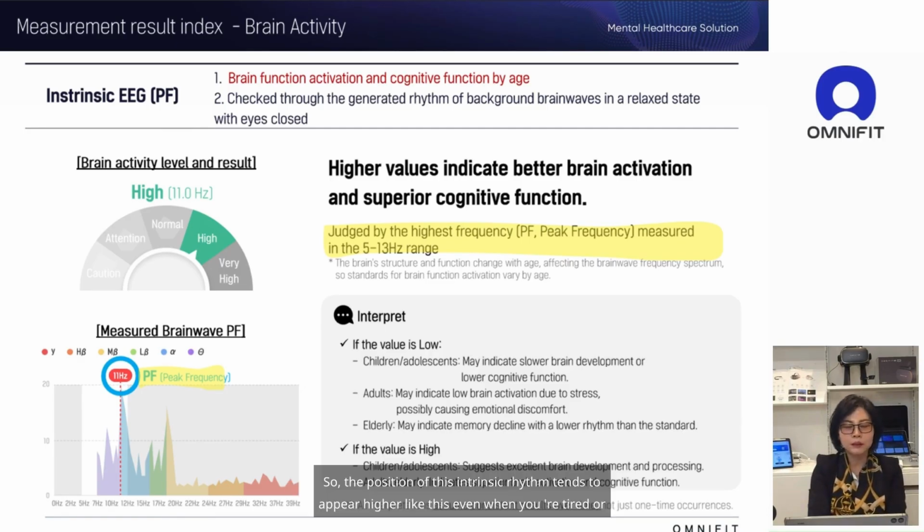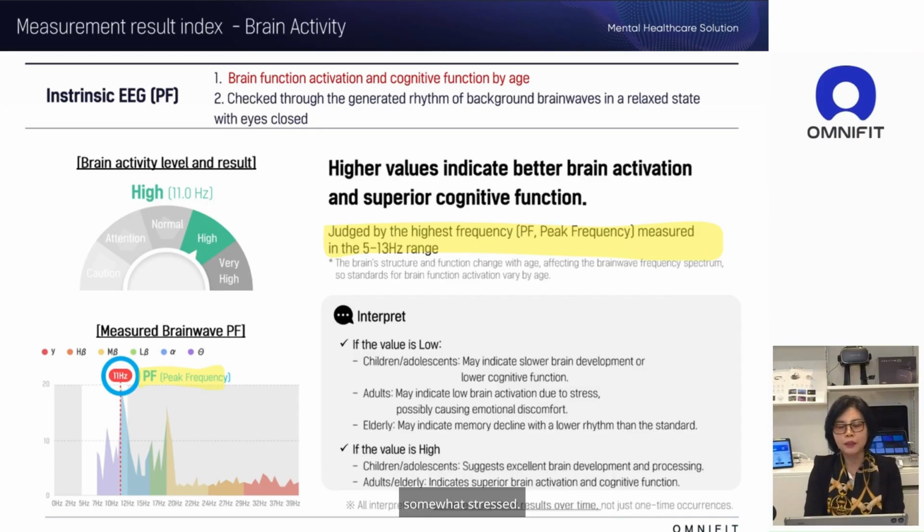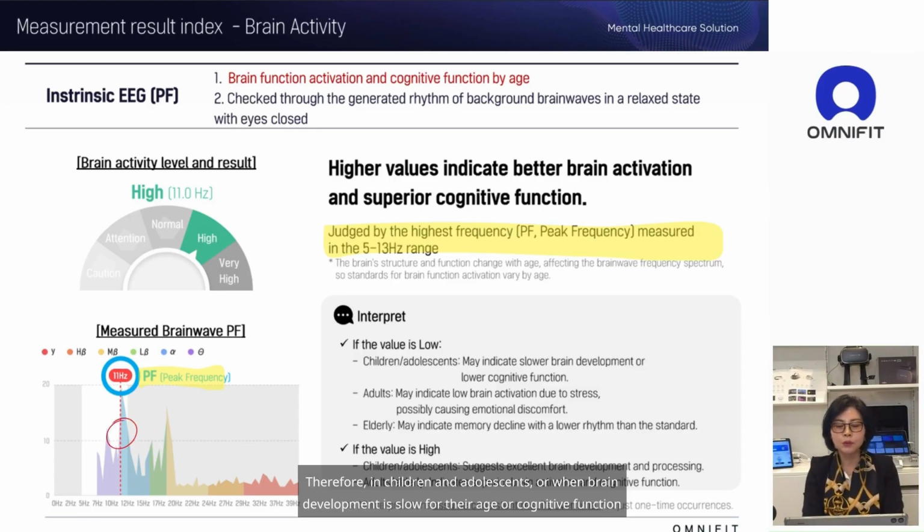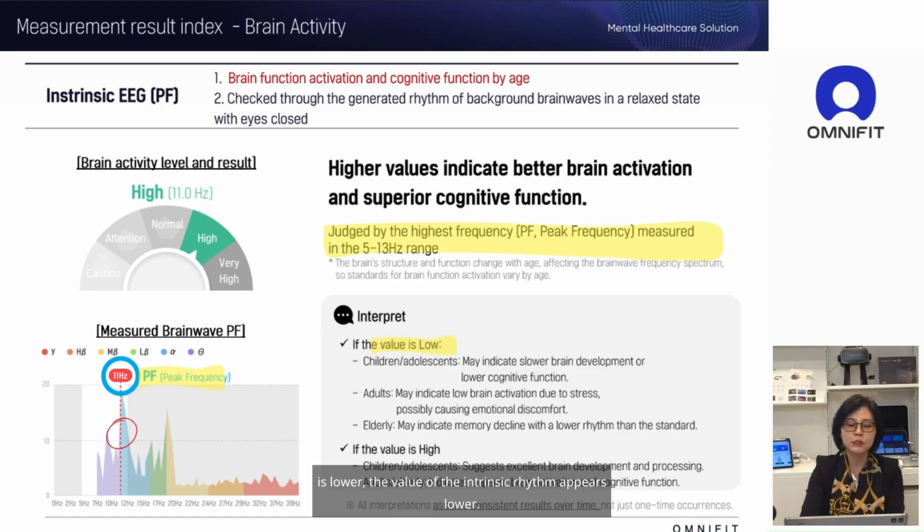So, the position of this intrinsic rhythm tends to appear higher like this even when you're tired or somewhat stressed. Therefore, in children and adolescents, or when brain development is slow for their age or cognitive function is lower, the value of the intrinsic rhythm appears lower.